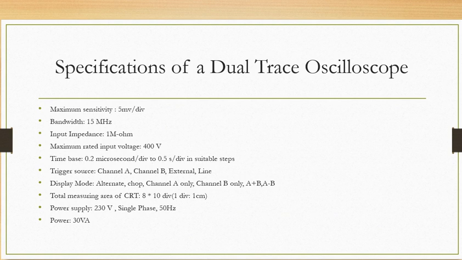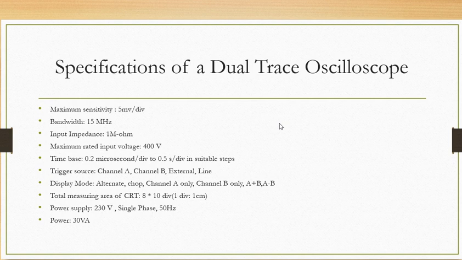But we will discuss some generalized specifications. Again I am repeating, the specific values depend on the company, the part or serial number of the product, and will be different for different CROs.